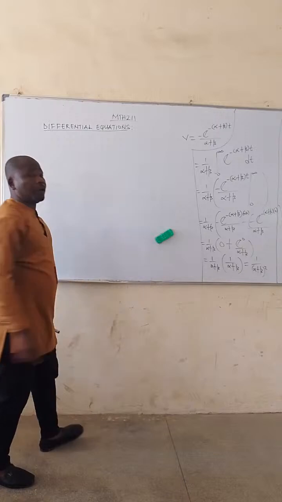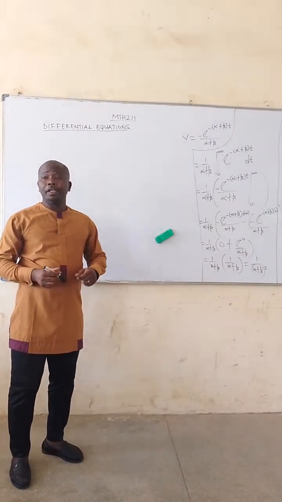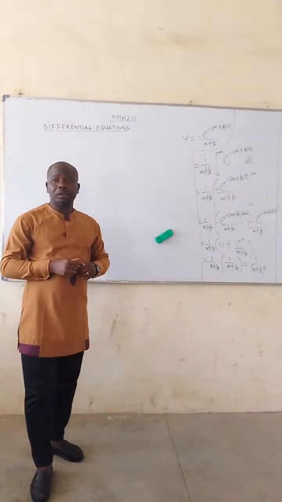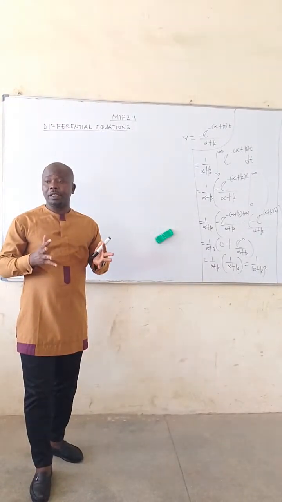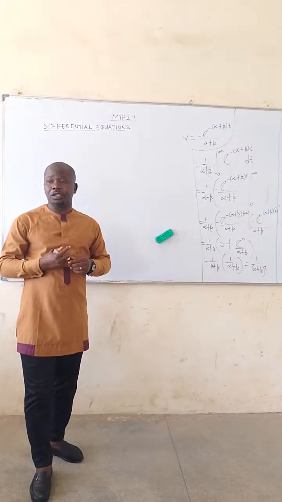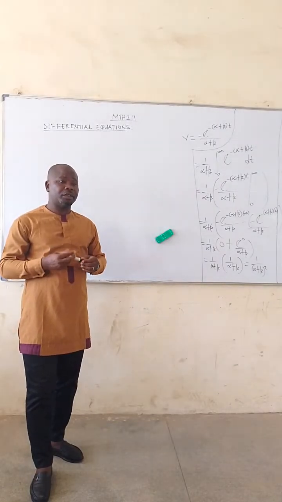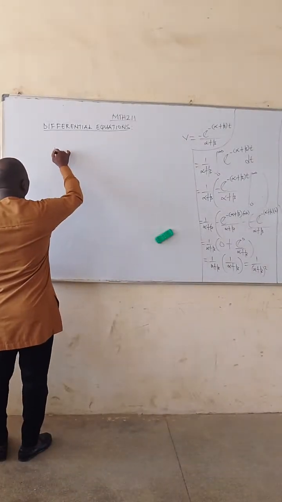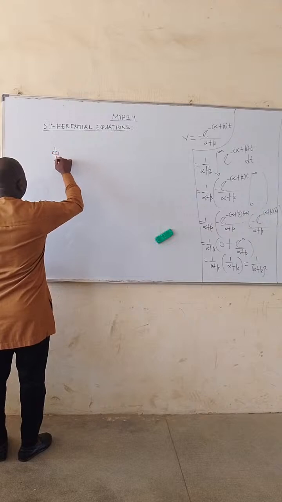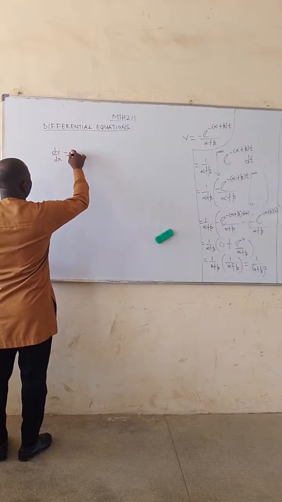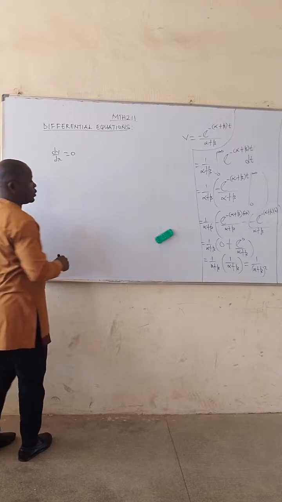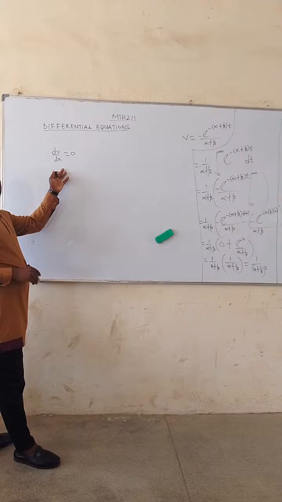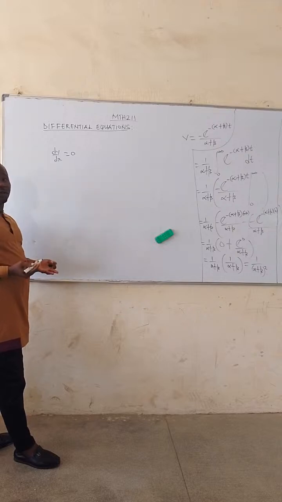The other day, I tried to make us understand, to give examples of differential equations and also classify them. I told you that if we have dy over dx equals 0, this is the first order differential equation, true or false?